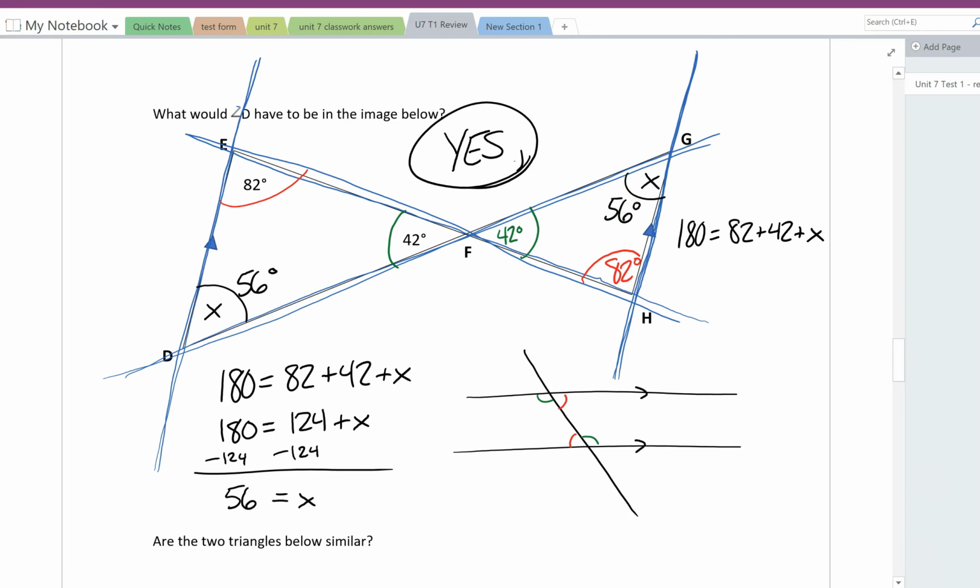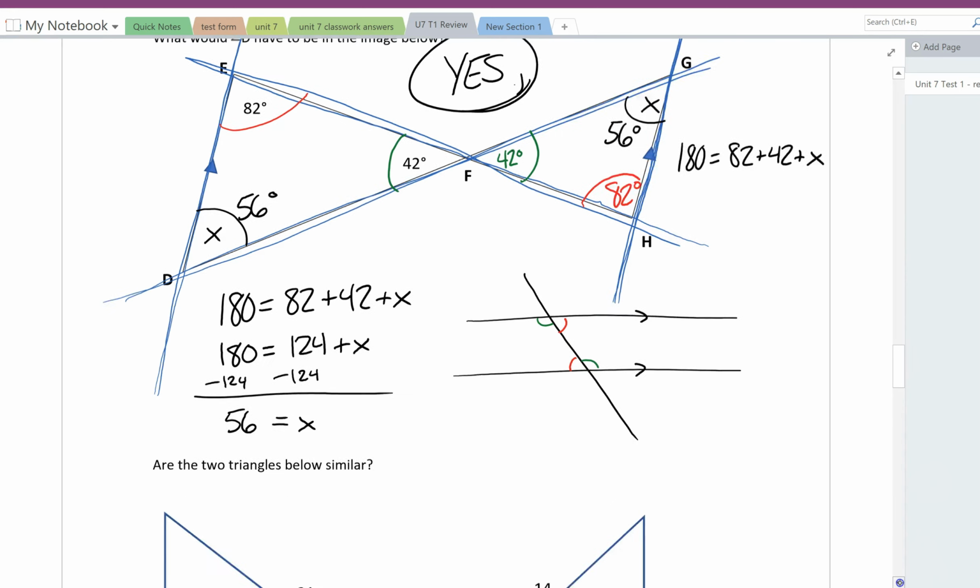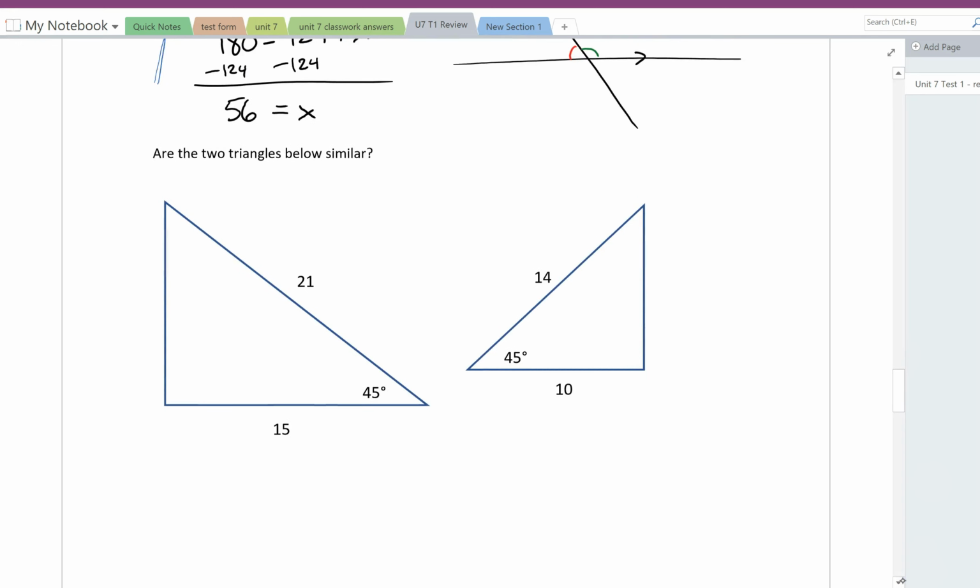So we not only know that those two triangles are similar, but we also know now that the missing angles are 56 degrees. Are these two triangles similar? When I want to try and prove two triangles similar, I have three options. I can figure out if they have all three angles the same, if they have all three sides proportional, or if they have two sides that are proportional, separated by an angle that is congruent.